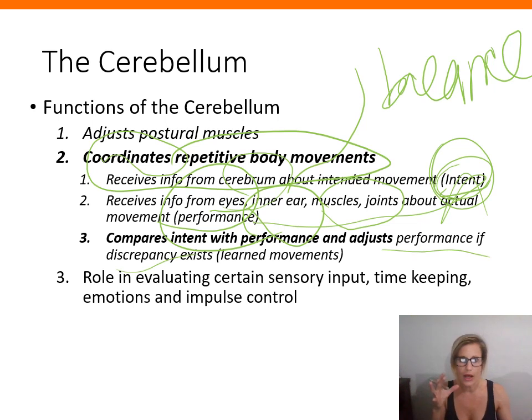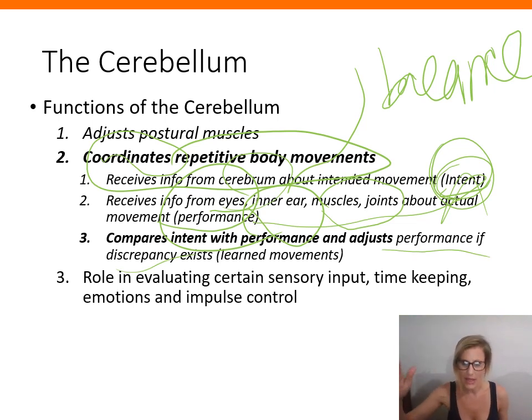Or the like sounding of two words, when two words sound alike, are they different? Being able to evaluate the fact that no, those are two different words that you're saying. The cerebellum is also used to keep time.